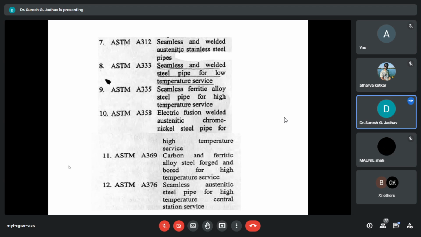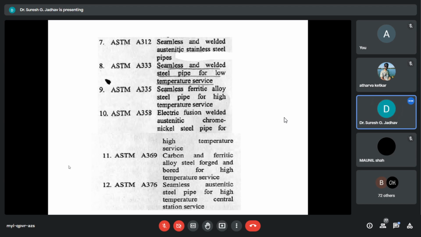And the next standard, A358, is used for high temperature service, and here we can use electric fusion welded austenitic chrome nickel steel pipes for high temperature service. Now the next standard, ASTM A369, uses carbon and ferritic alloy steel, forged and bored for high temperature services.